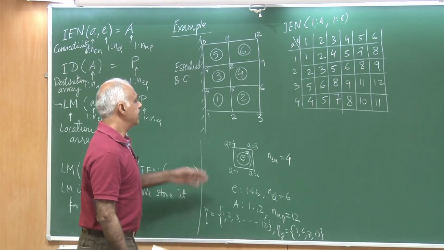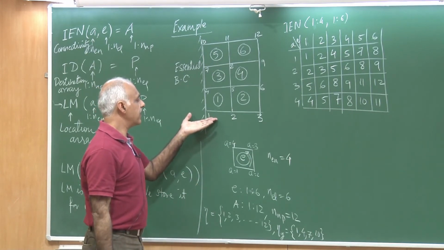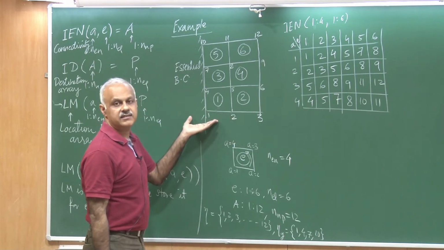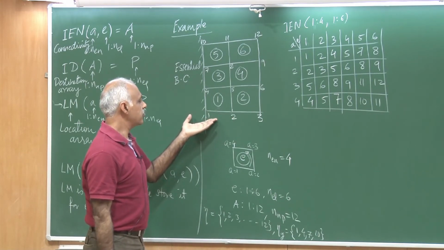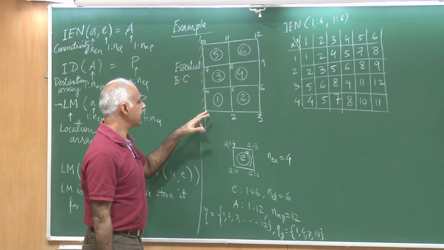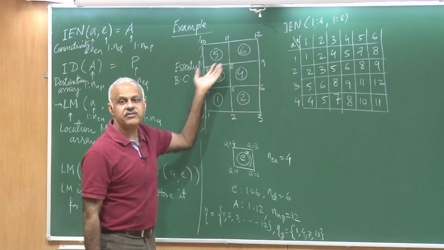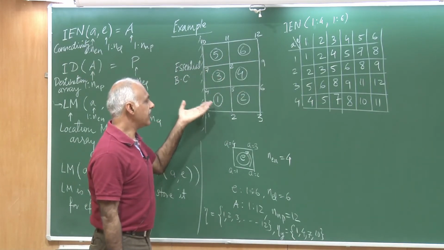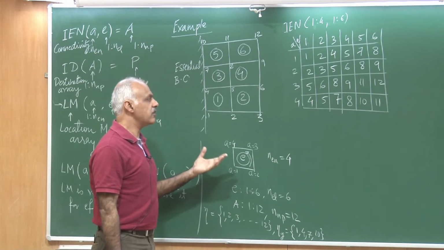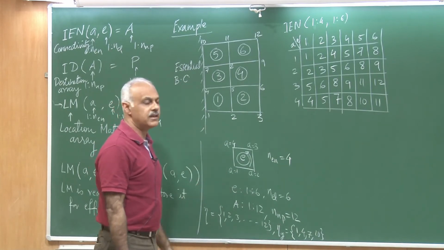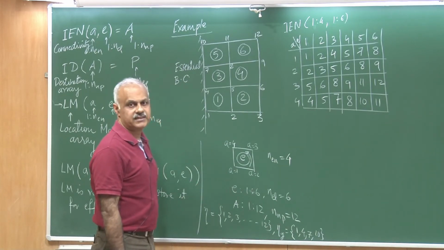Now, there is no particular need to number the nodes the way I have done. You could have actually numbered the nodes as 1, 2, 3, 4 in a very haphazard manner. All that would do is it would change the structure of your global stiffness matrix and force vector.